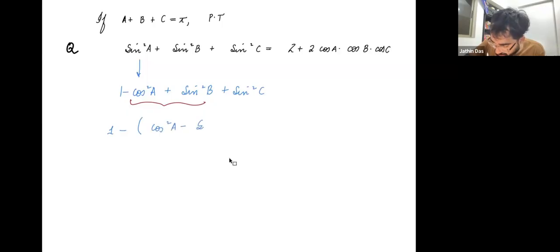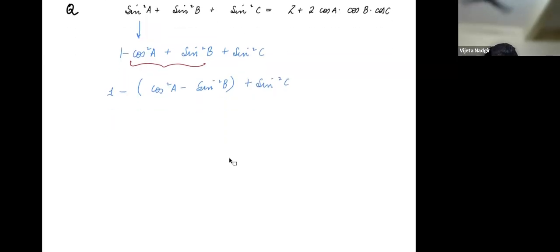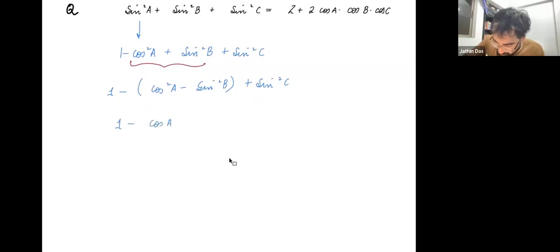Cos square A minus sine square B plus sine square C. Directly applying the formula: cos (A plus B) into cos (A minus B) plus sine square C.